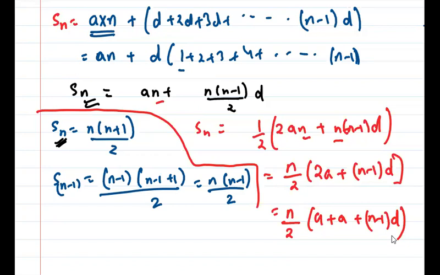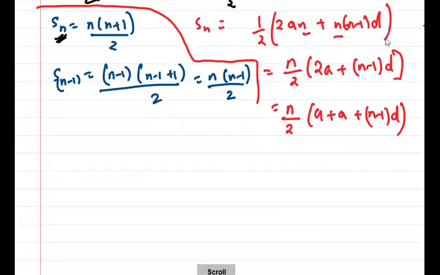Now, can you think of something? Can you see anything over here? Tell me. Yes, sir, I can see a, I can see n minus 1, I can see d.